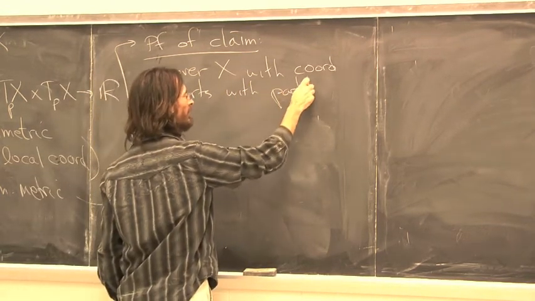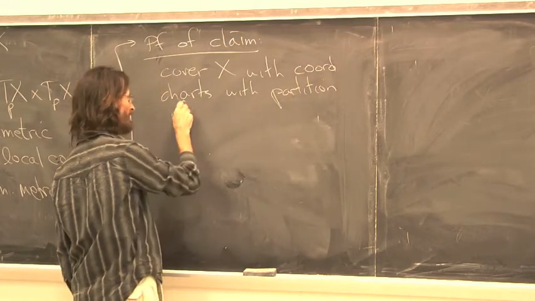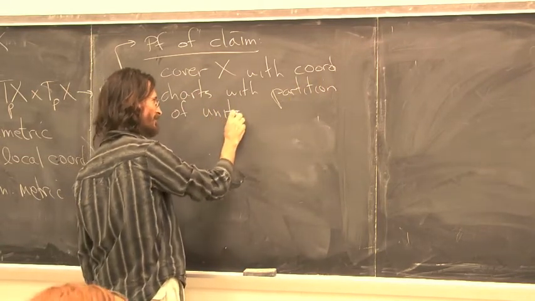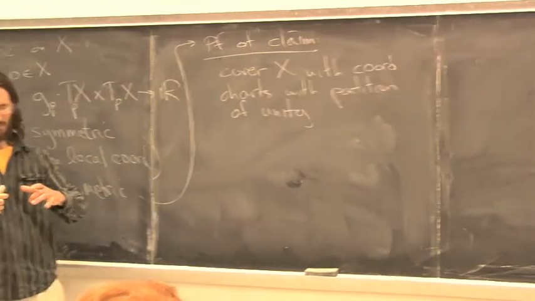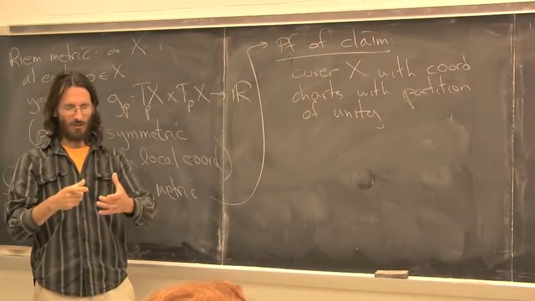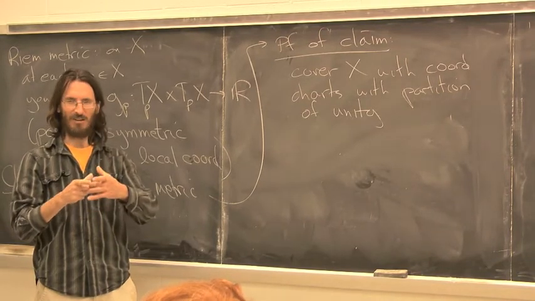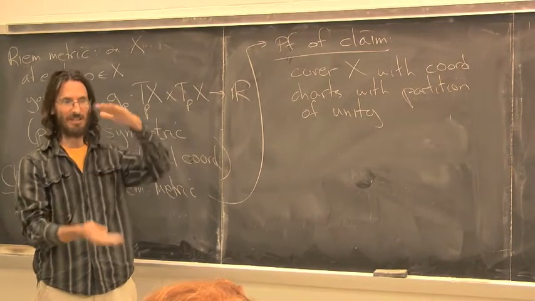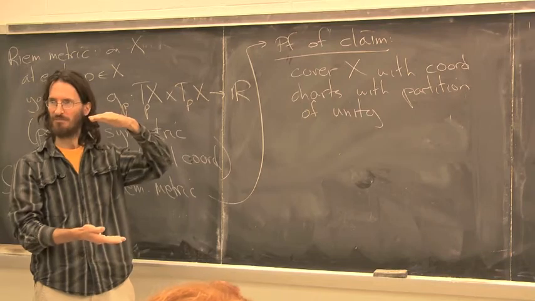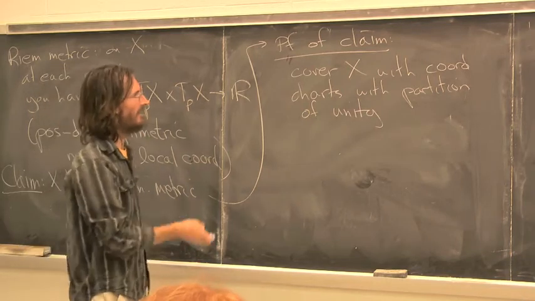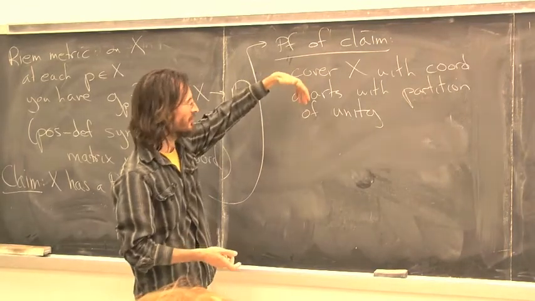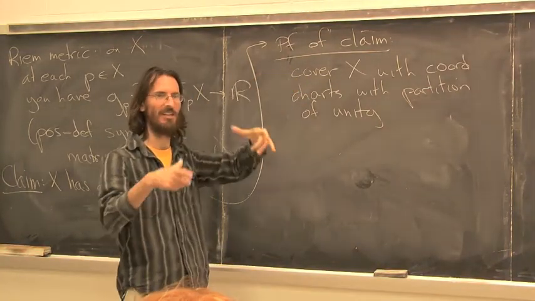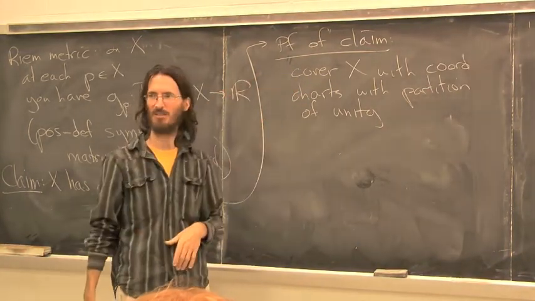If they're small enough charts, then there's a partition of unity associated to it. Remember, a partition of unity is a collection of functions such that locally at most finitely many of them are non-zero, and the sum of them at each point is 1. They're smooth functions, and they're associated to these coordinate charts in the sense that their supports are inside these coordinate charts.